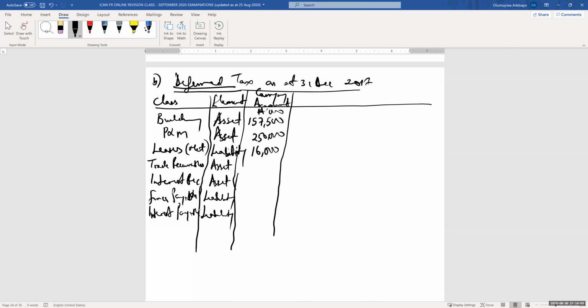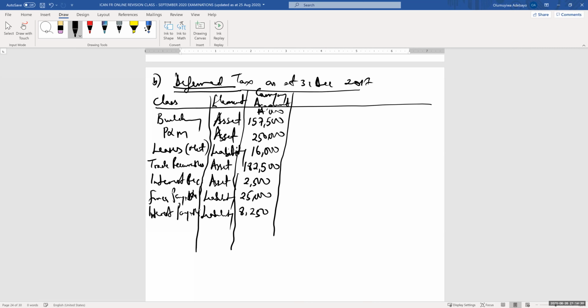Trade receivable is 182,500. Interest receivable is 2,500. Fines payable is 25,000. Interest payable is 8,250.